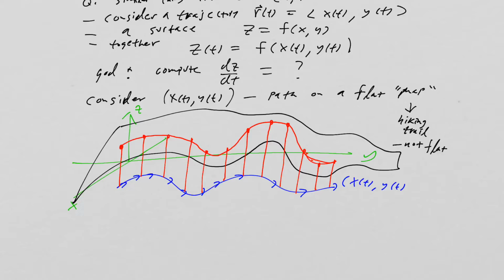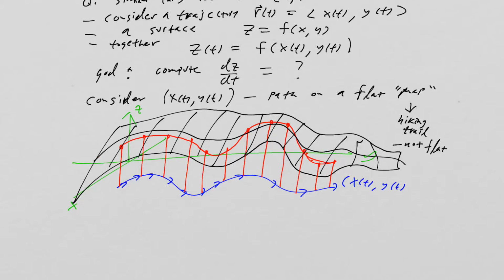So that's the idea. And of course, the surface is like that. You can imagine that it has lots of ups and downs and undulations. And of course, just like a mountain, there might be peaks and valleys and all sorts of stuff on the terrain that you want to navigate.